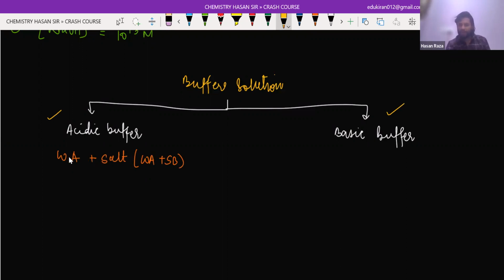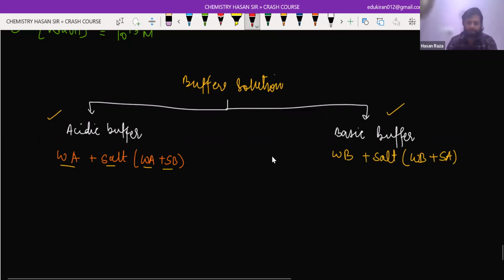Focus on acidic buffer. What is acidic buffer? If the solution is of weak acid and the salt of this weak acid and a strong base. And basic buffer will be weak base plus salt of this weak base and a strong acid. Are you getting my point, Krishna?